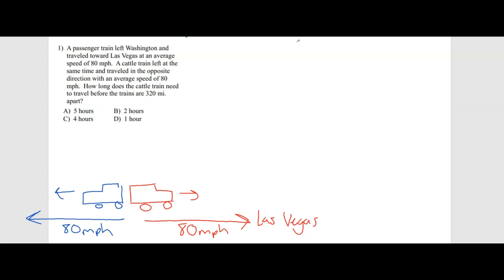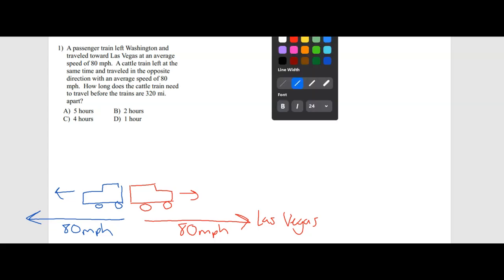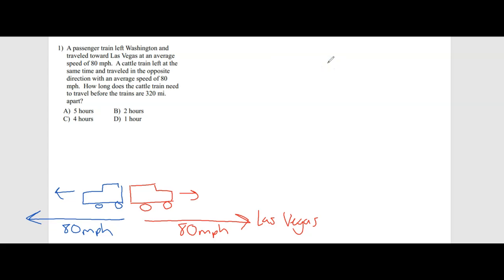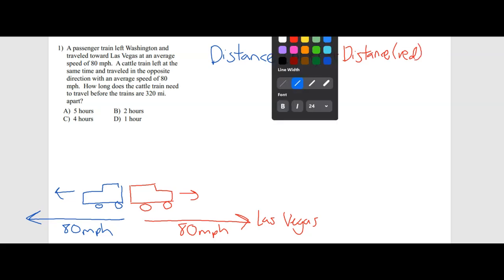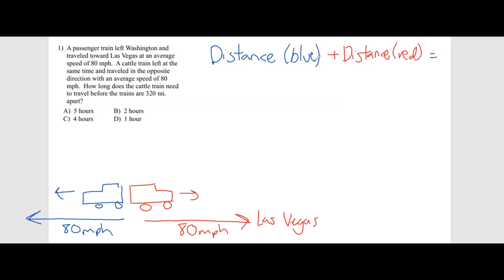So what we can do is say the distance that the blue train travels plus the distance of the red train is going to equal the total distance.